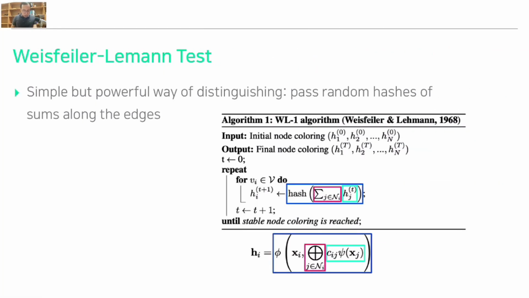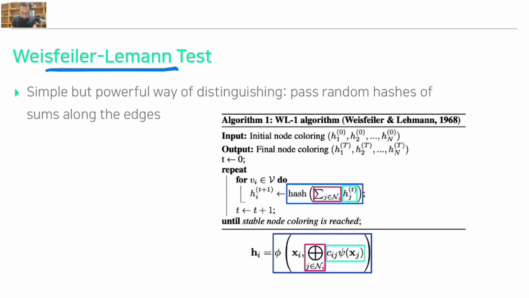So this is one of the famous isomorphism tests to see whether two graphs are the same or not, which is called the Weisfeiler-Lehman test. It is a simple but powerful way of distinguishing two graphs.